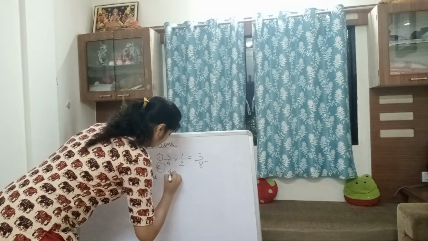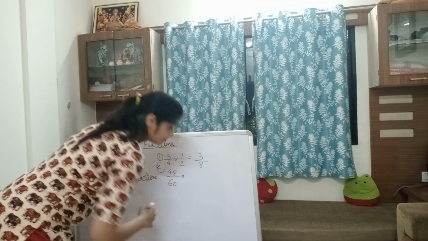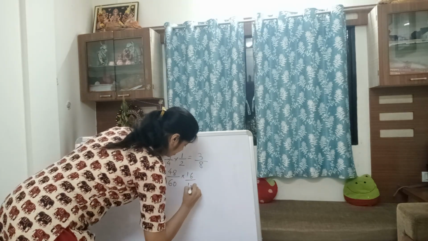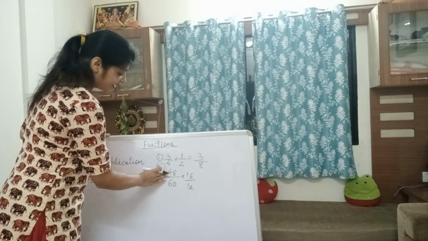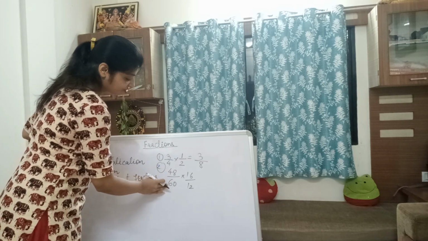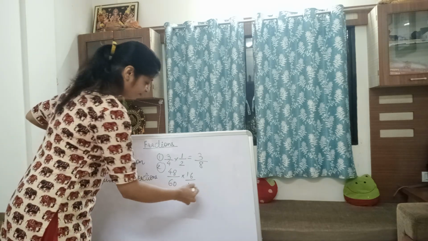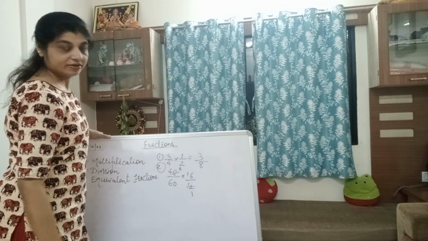For example, if I have 48 upon 60 into 16 upon 12. Now you can reduce either fraction upon fraction or else by cross multiplication. The choice is yours. So I will do likewise. 12 ones are 12, 4 threes are 12.